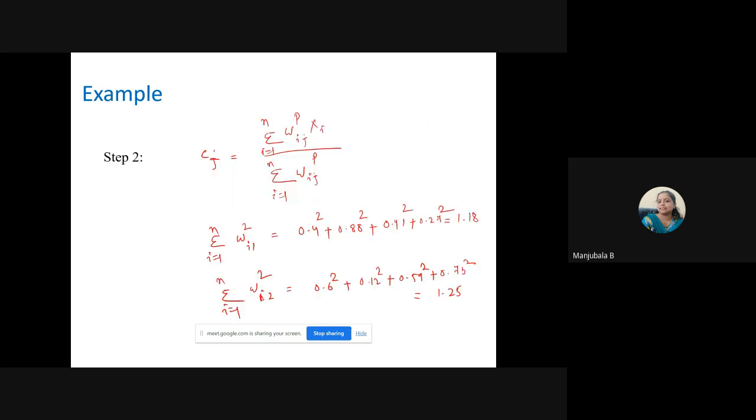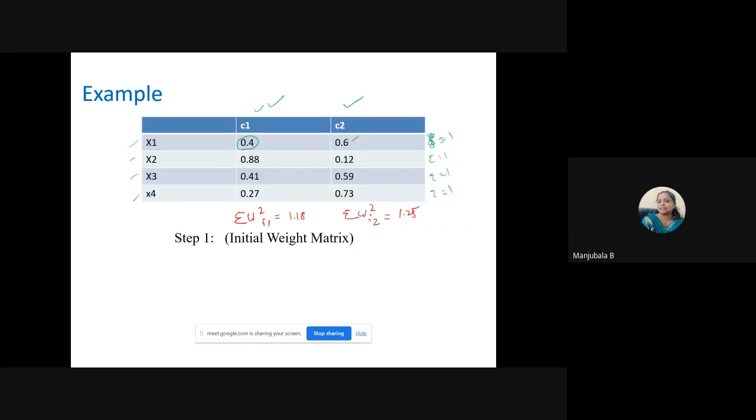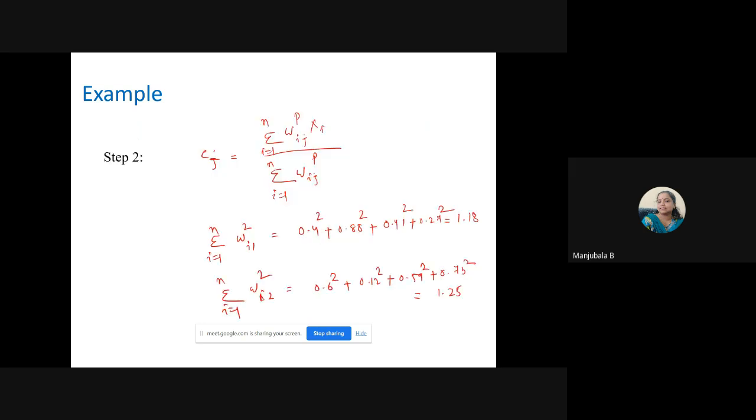Then what we have to do is calculate the centroid of the clusters. So what is the centroid of these clusters C1 and C2? For that, this is the formula we have seen in the FCM. Cj we have to calculate as the summation of i equals 1 to n of wij to the power p, and the p value, the weight influence, we have considered as 2.